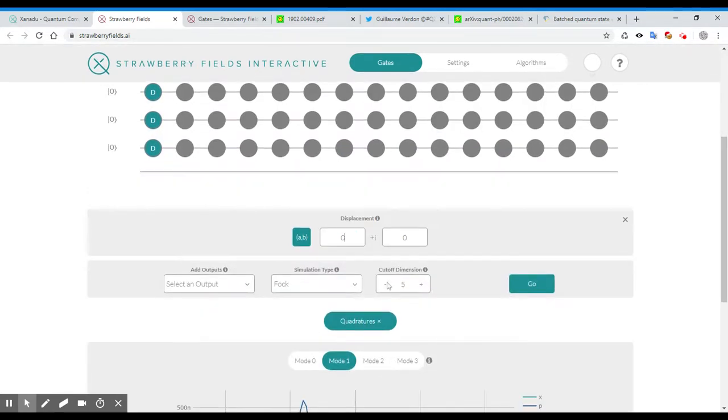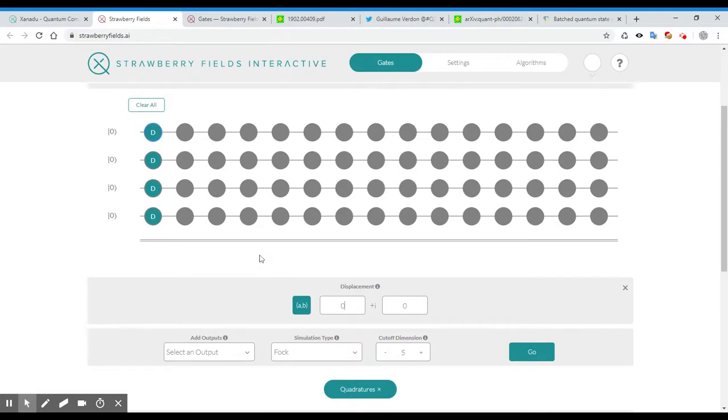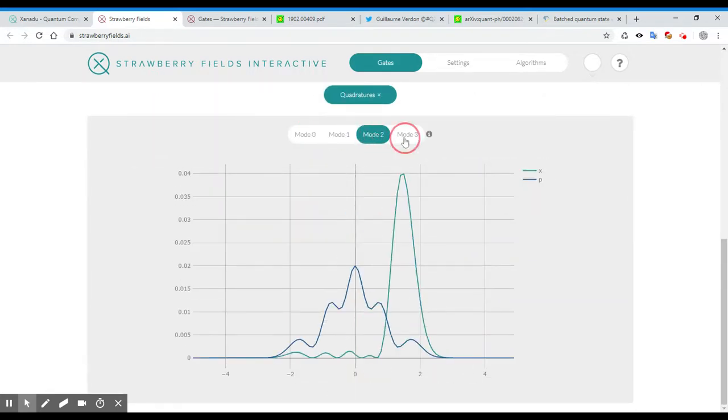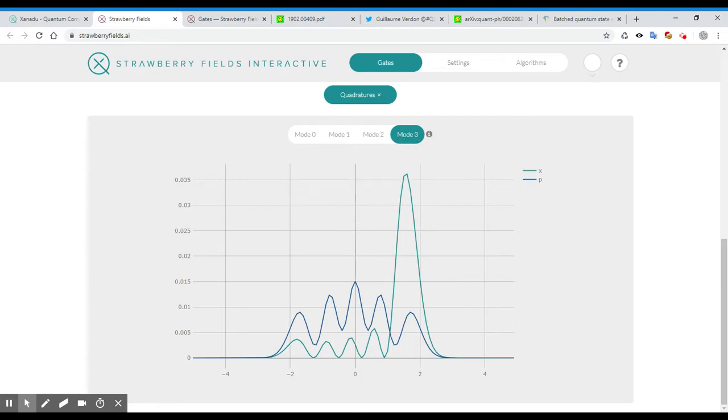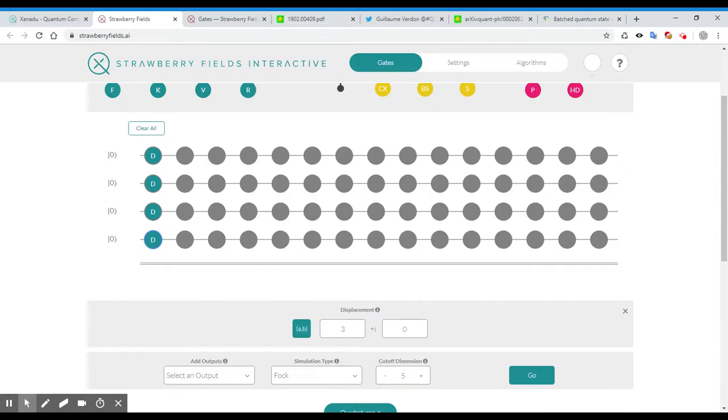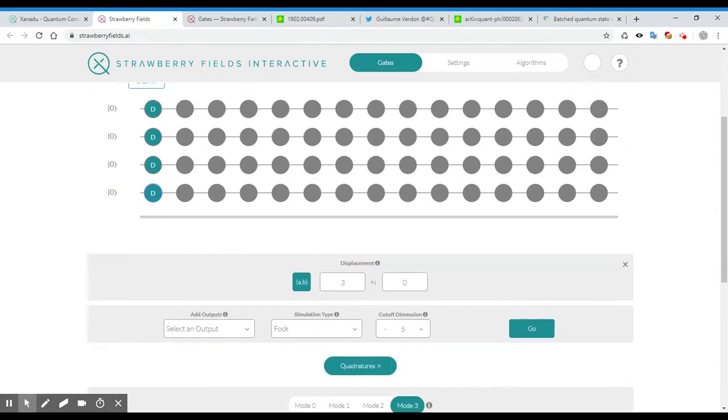So if I just say I want to displace 0, 1, 2, 3, go. It's funny because it seems almost like the same kind of result we were getting before.